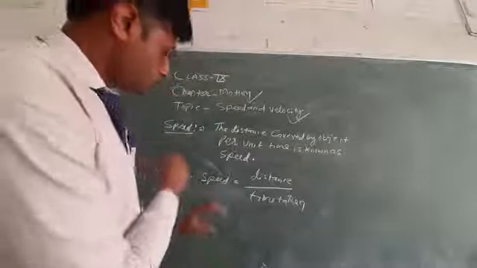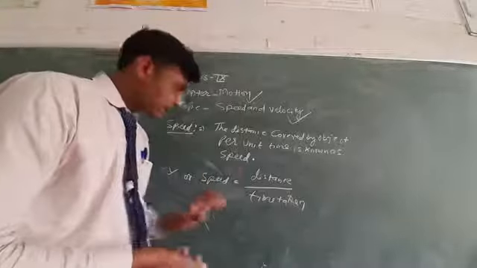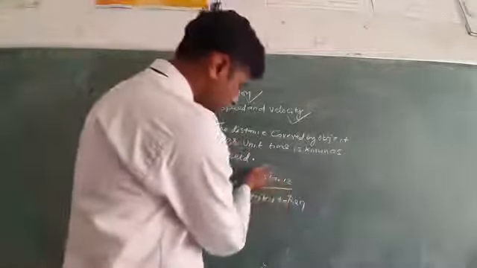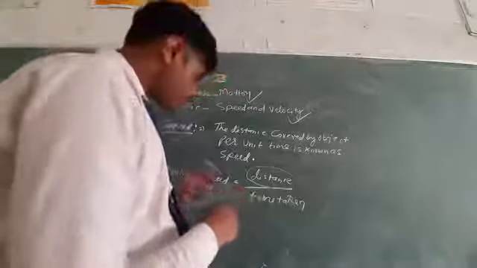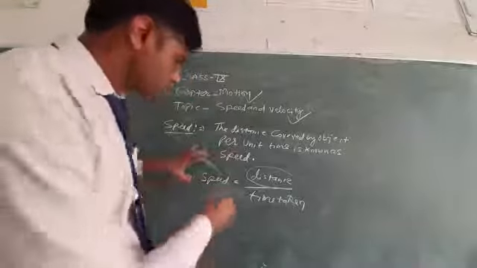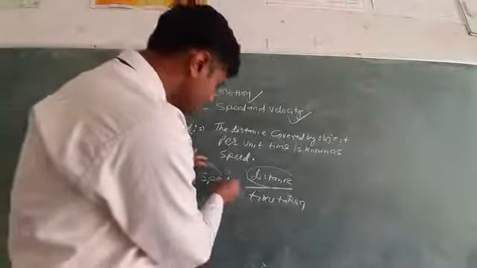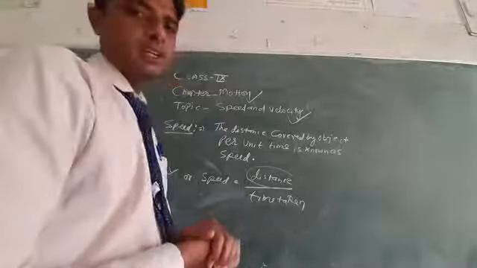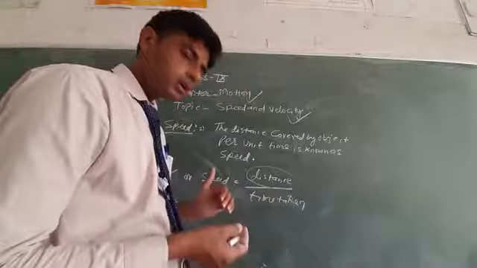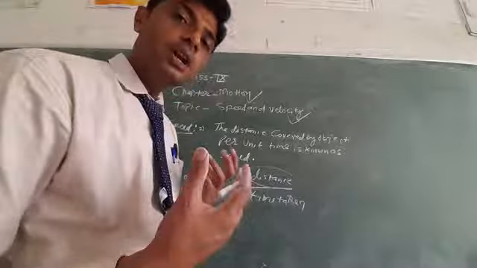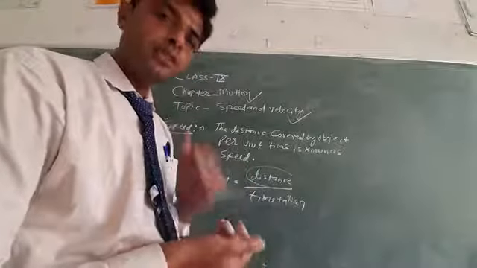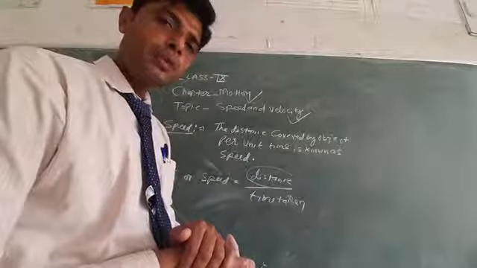So as you can see, distance is a scalar quantity. It means speed is also a scalar quantity, because to find speed there is need of only magnitude, there is no need of direction.